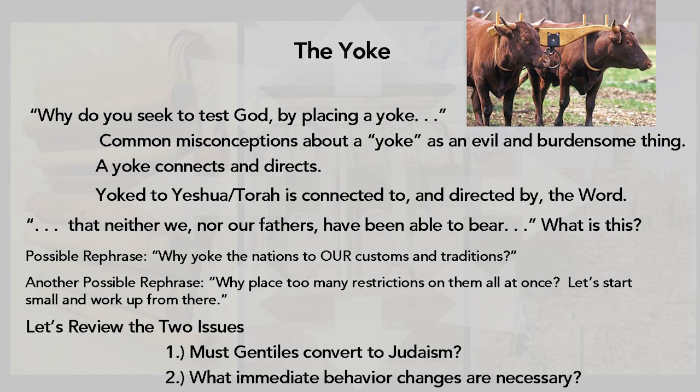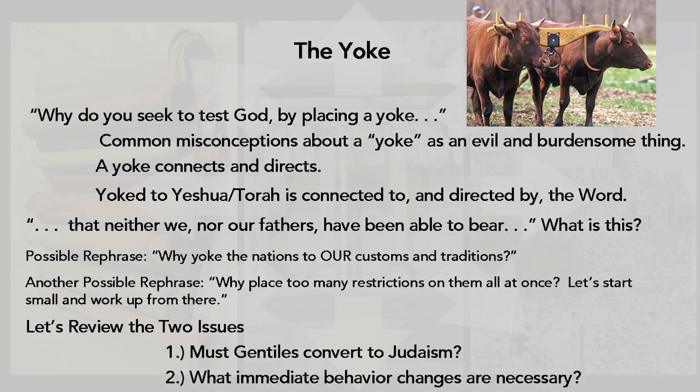The interesting thing here is that the yoke does a couple of things. The common misperception is that the yoke is an evil and burdensome thing. But what's interesting is that a yoke connects and directs. It connects two things together to enable them to be directed. This yoke is attached through the rope here.